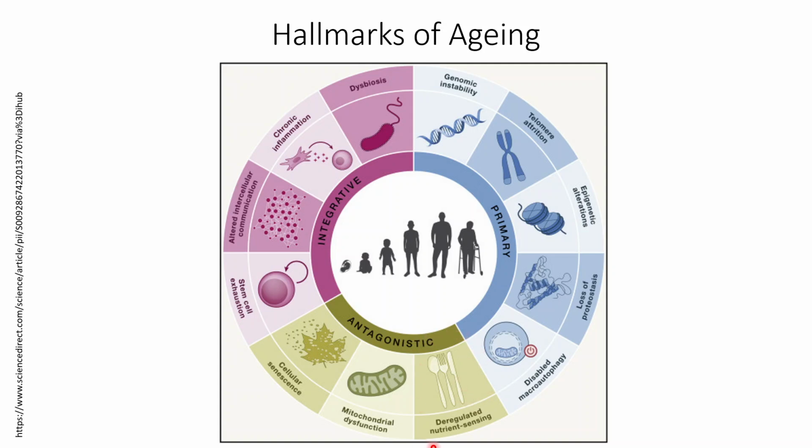There can be deregulated nutrient sensing from the environment, mitochondrial dysfunction, cell senescence, and of course stem cell exhaustion, so you don't renew new cells, altered intercellular communication, chronic inflammation, which I'll go into in a couple of slides, and dysbiosis. I'll just explain these. Of course, you already have an idea of all of this, I'm sure.